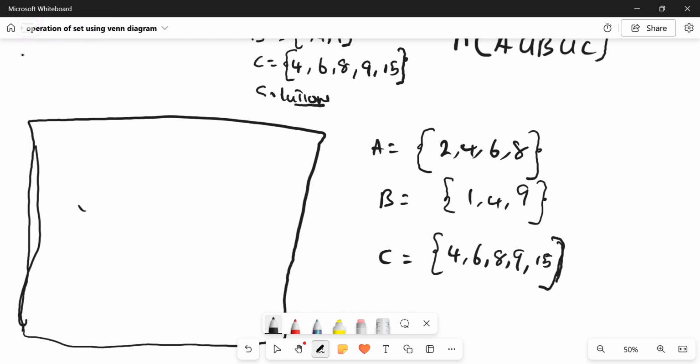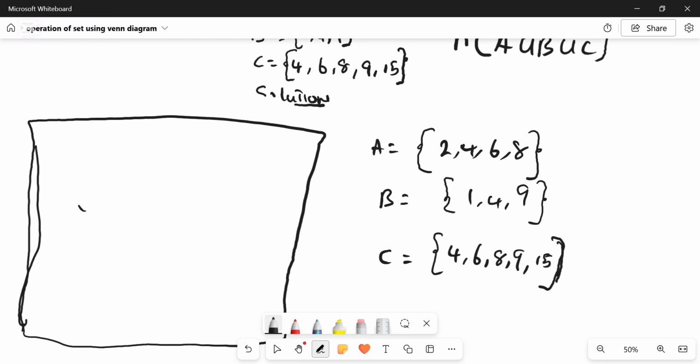Alright, so let's observe our subsets very well. You see we have 2. 2 is only in the subset A, but we have 4 in the subsets A, B, and C, which means A, B, and C all intersect each other.